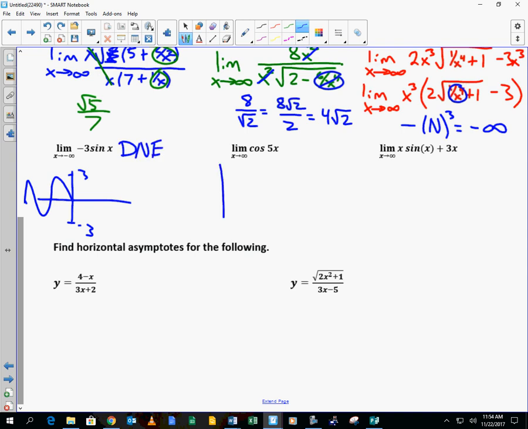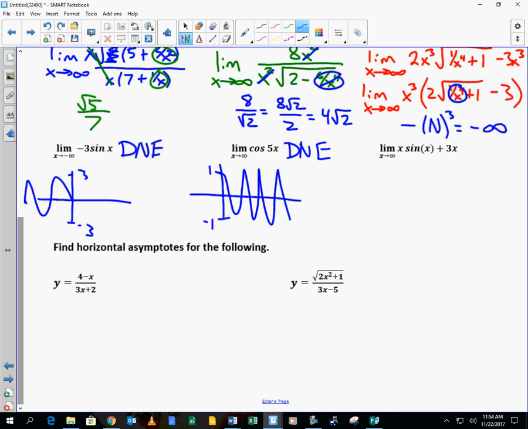Cosine of 5x. What's the biggest value? 1, smallest value, negative 1. Yeah, the 5 actually shrinks the graph horizontally, right? So maybe it just has a lot more ups and downs. So, does not exist.